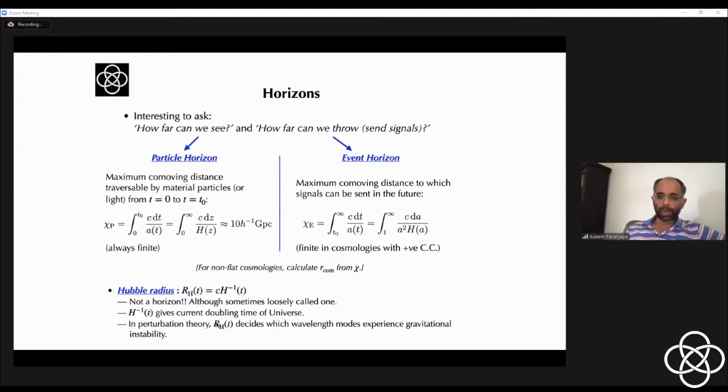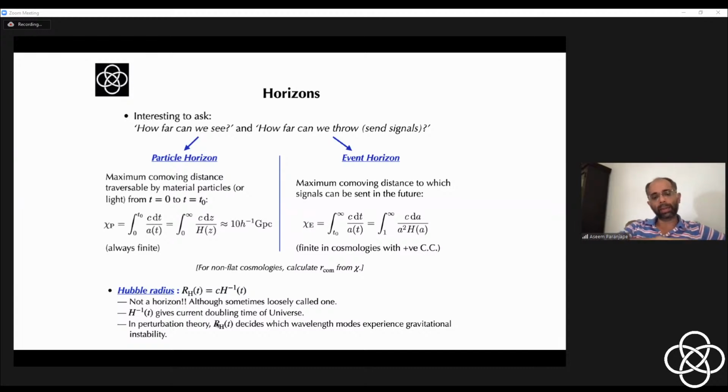So if the expansion of the universe is very rapid, then gravitational instability, which has to work within the framework of general relativity and hence special relativity, nothing about gravitational instability can travel faster than light. Okay, so if my universe is expanding rapidly enough, then there will be places which are separated by such large distances that if I create a gravitational instability at one of these points, it will take some time for the other point to realize that a gravitational instability has been created.